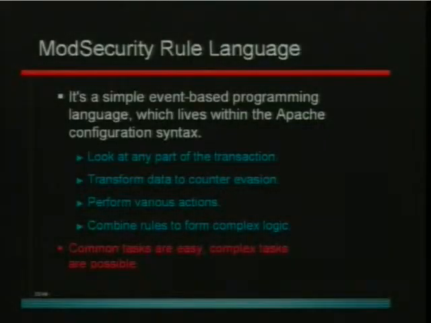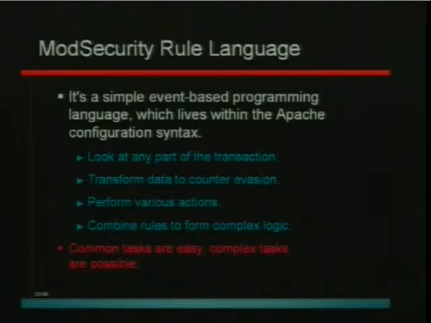So now, you know about these phases, and you may be wondering what the rule language looks like. ModSecurity lives within Apache, and the rule language we have has sort of evolved within the constraints of the Apache configuration syntax. And it's designed basically to make the most common things very easy to do. And it's also designed to make the complex things possible. And you'll see how this works later on.